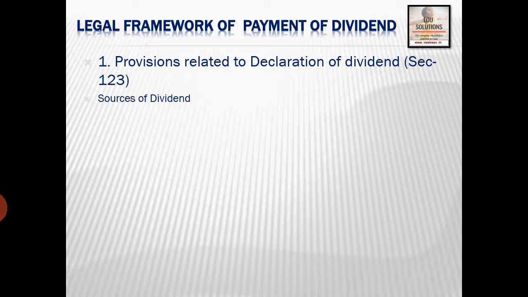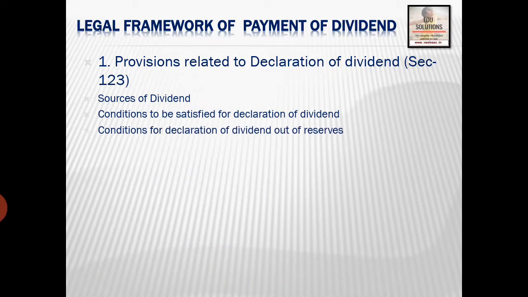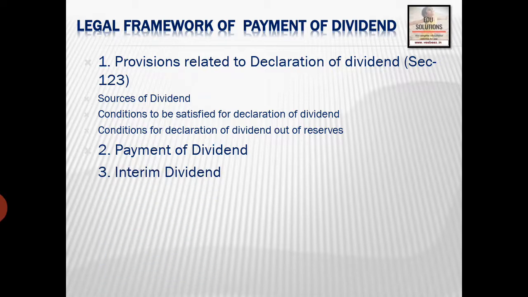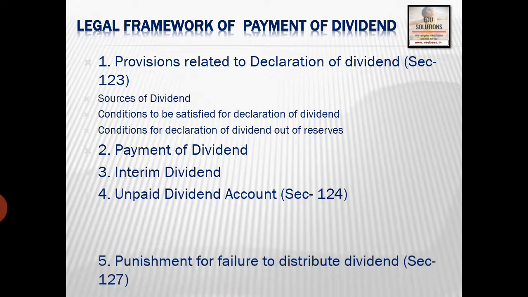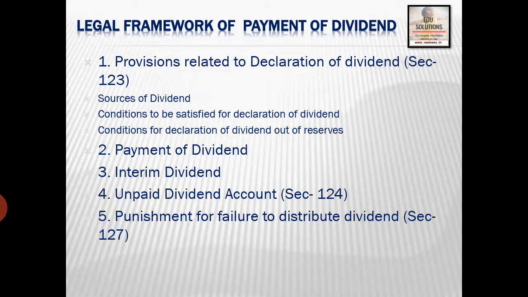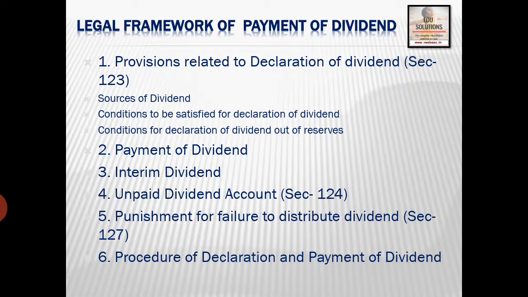We are discussing the area sources of dividend, conditions to be satisfied on declaration of dividend, conditions for declaration of dividend out of reserves, second area payment of dividend, interim dividend, unpaid dividend account, punishment for failure, and procedure for declaration and payment. These are the areas that we are discussing now.